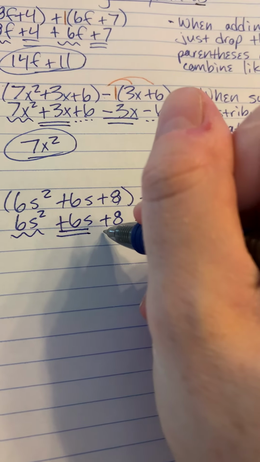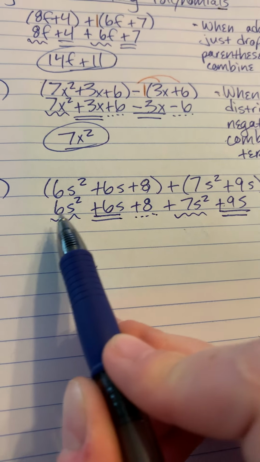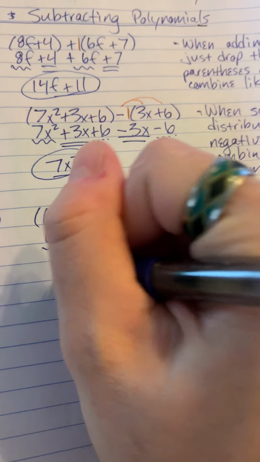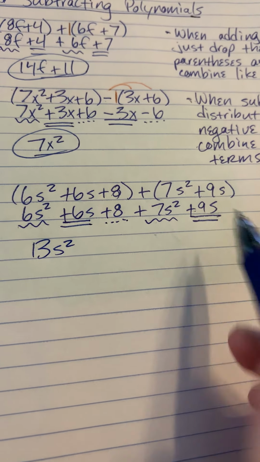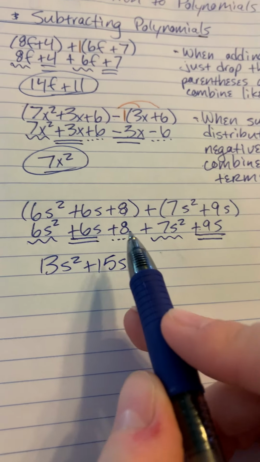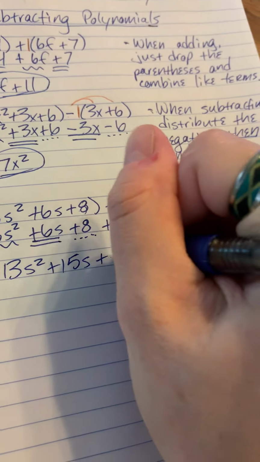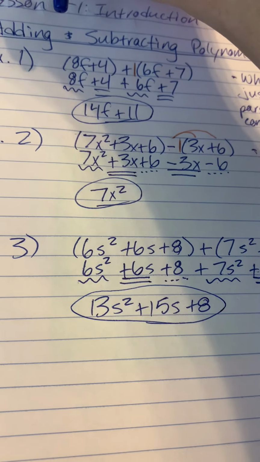And then 8 is all by its lonesome. So you do 6 plus 7 is 13. And 6s plus 9s is 15s. And then plus 8 at the end there. And that's it for that problem.